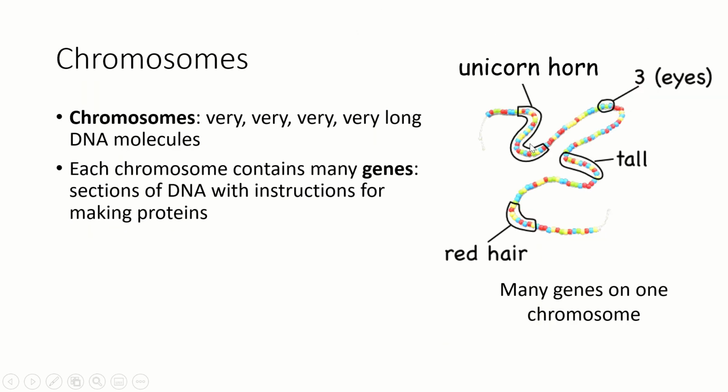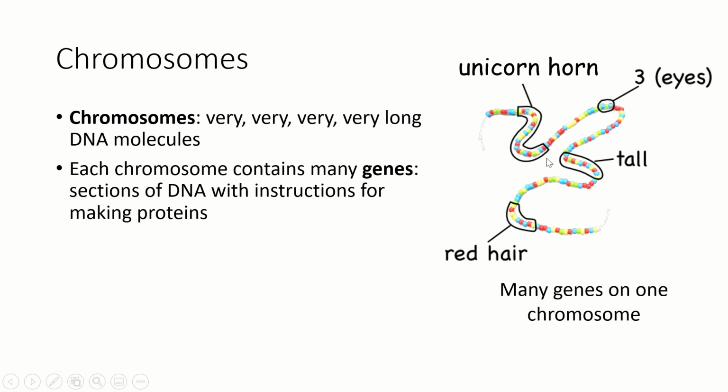Remember that each of these chromosomes is a long strand of DNA, really long. All of the DNA in one human cell, if you stretched it all out, it would be about 5 feet long. So these are very long molecules. Each one has a bunch of different genes on it.